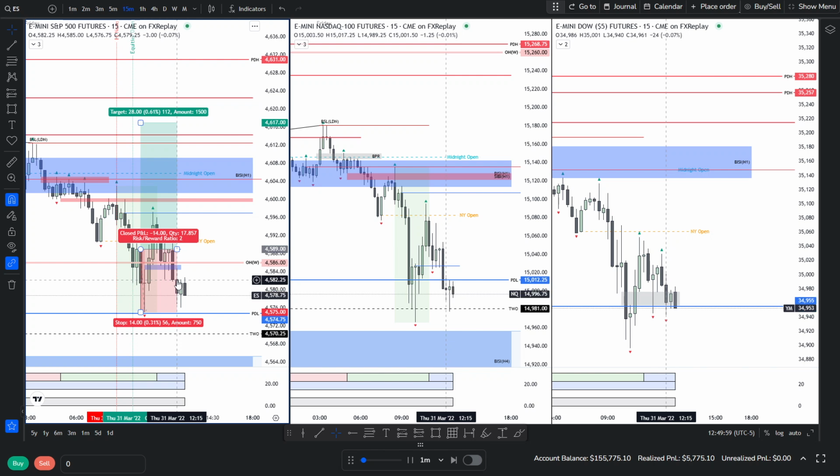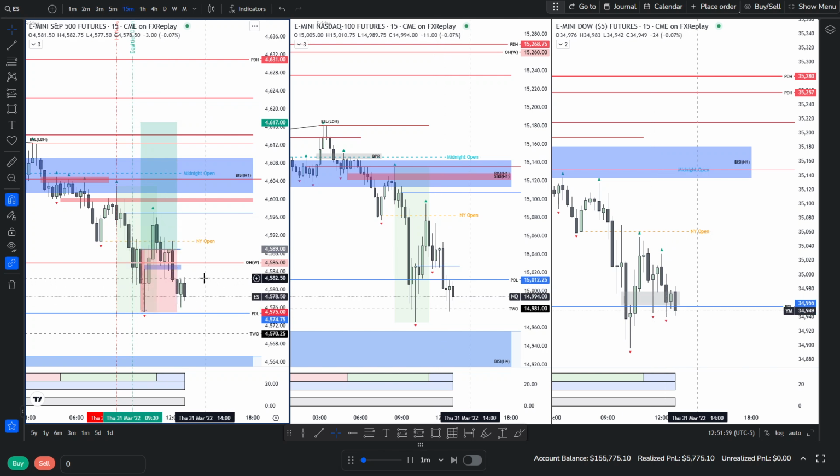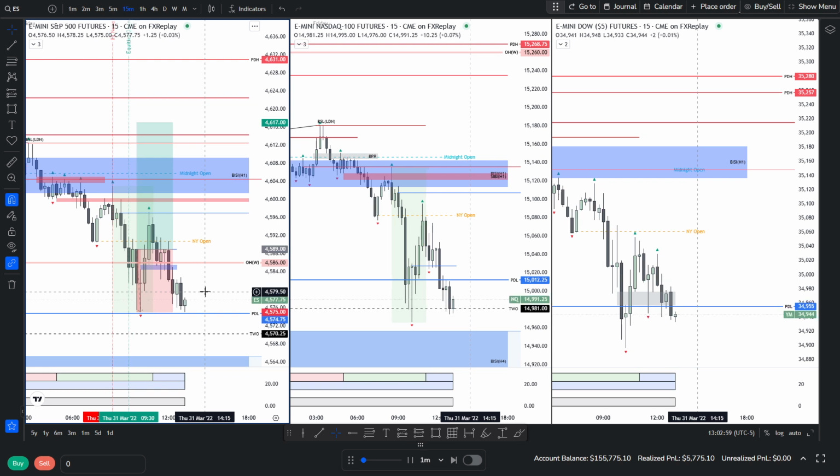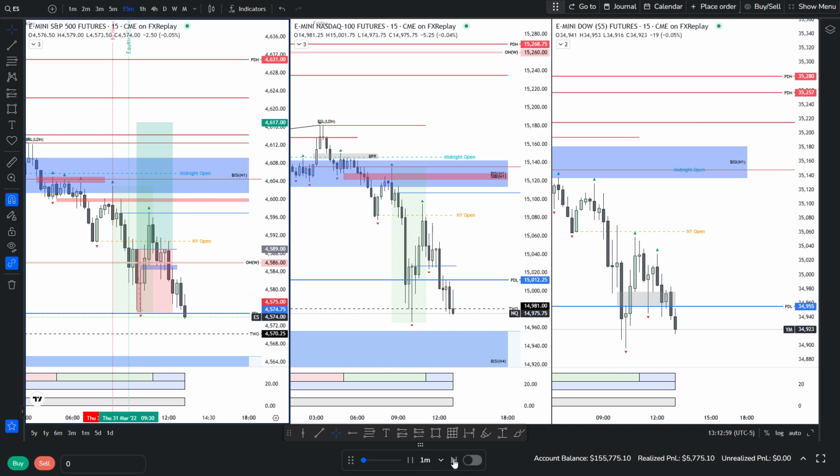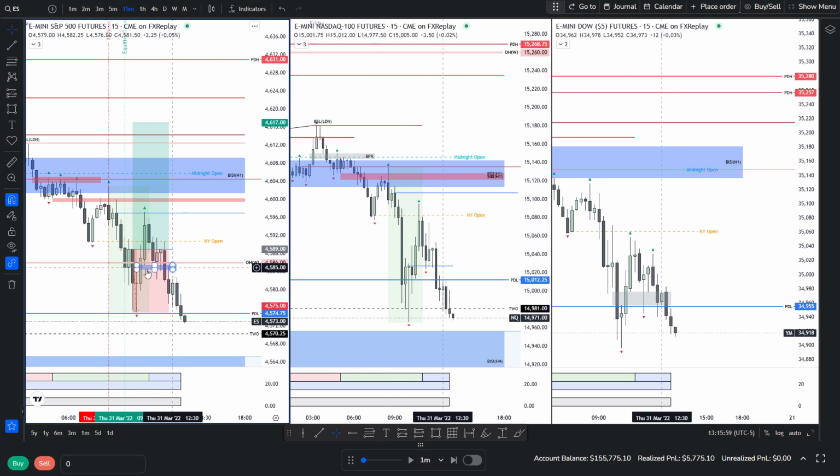Hasn't traded above here yet, so that's still supporting lower prices. And now we've got... and there we go. And there we go, it traded.